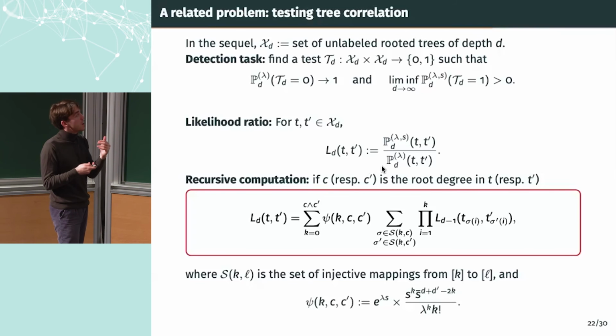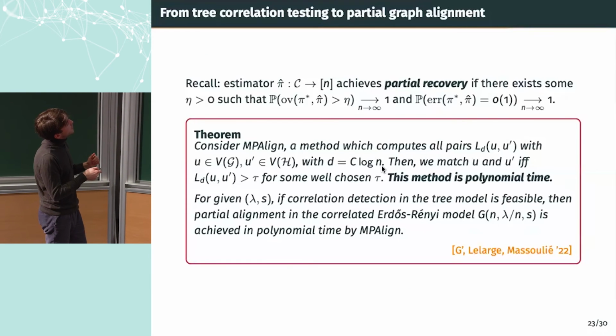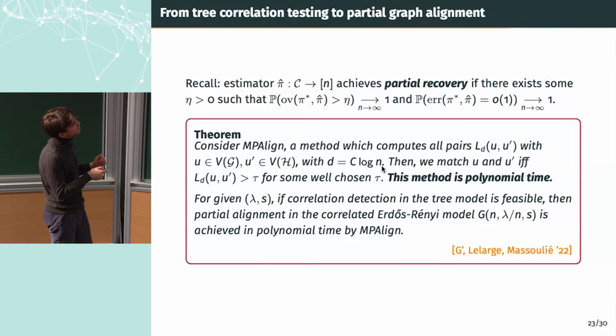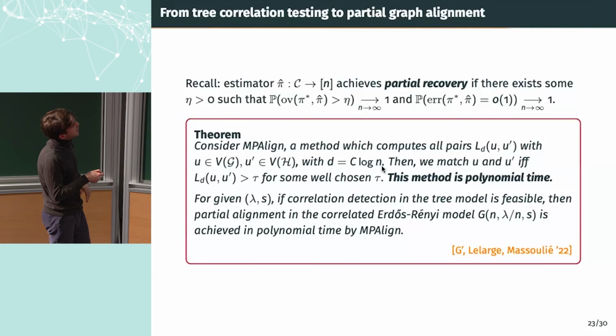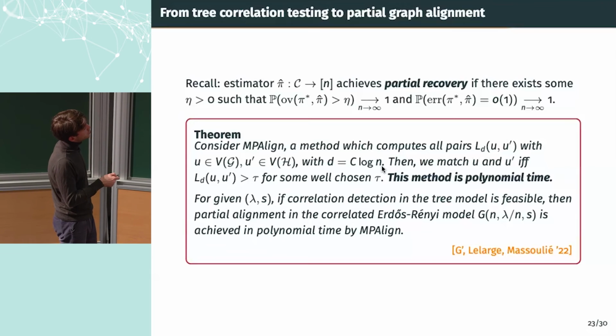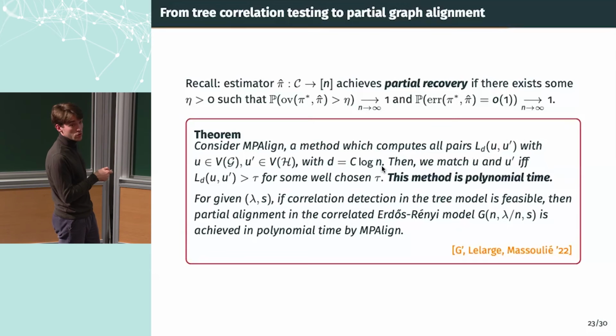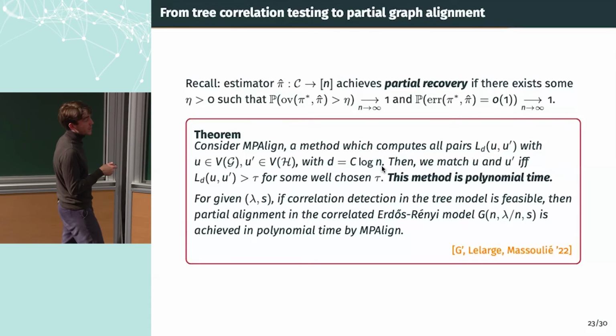You compare this score to some threshold. So you take d of order log n, the depth of the trees has to be logarithmic. And this is just the procedure. You compute all the scores, and we match given nodes, u and u prime, if and only if this score is larger than some threshold that you have chosen wisely.